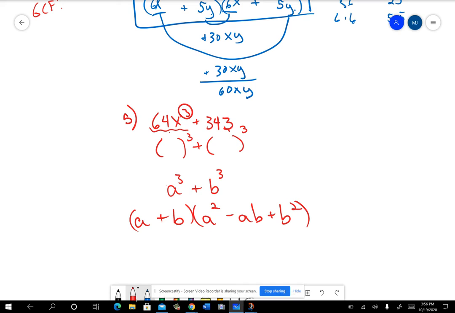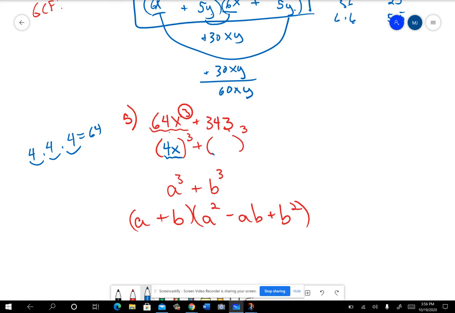That's the part that you need to take some time with. So you should be thinking, what times itself 3 times gives me 64? You can just guess and check your way to it, and you'd find that 4 times 4 times 4 would be that. So inside here, I would need a 4 together with an x to get a 4x cubed.